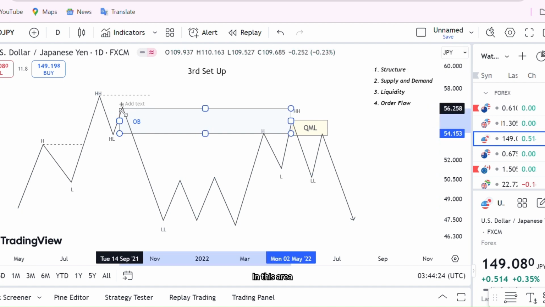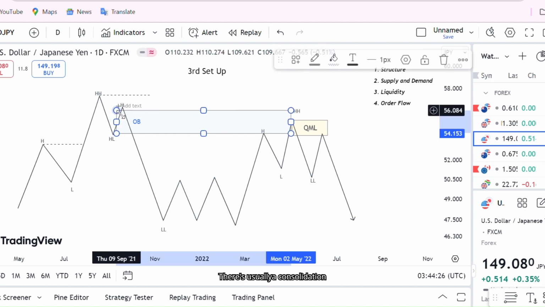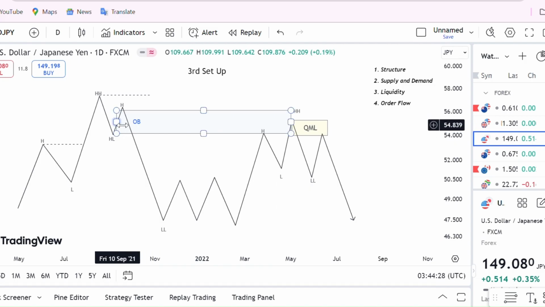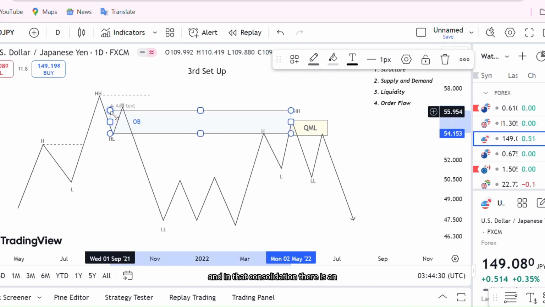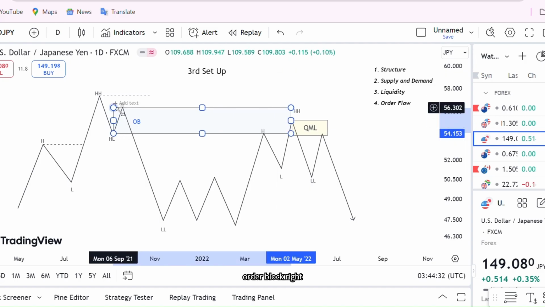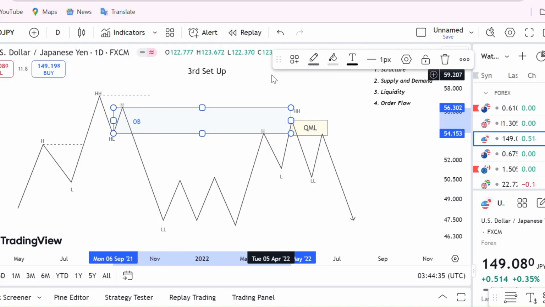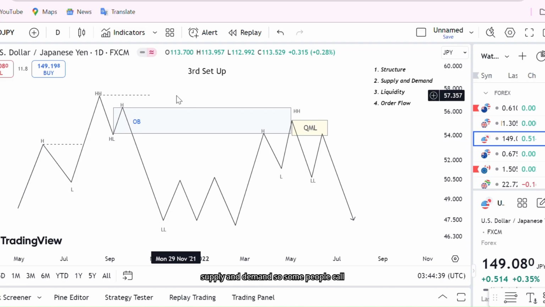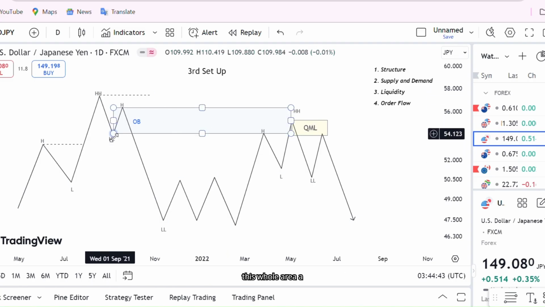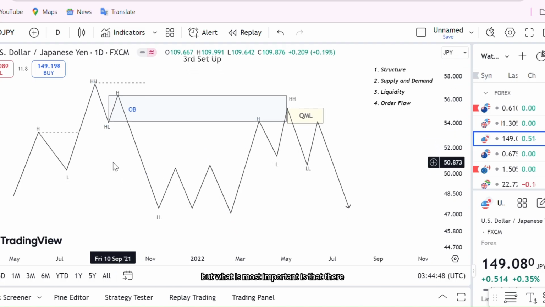So in this area, there's usually a consolidation, and in that consolidation there is an order block, right? So I trade order blocks and supply and demand. Some people call this whole area a supply zone, right? But what is most important is that there is an order block in that supply zone, right?